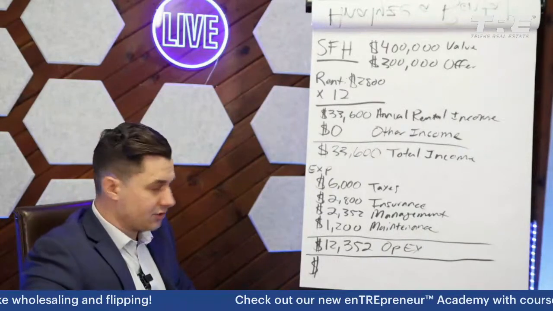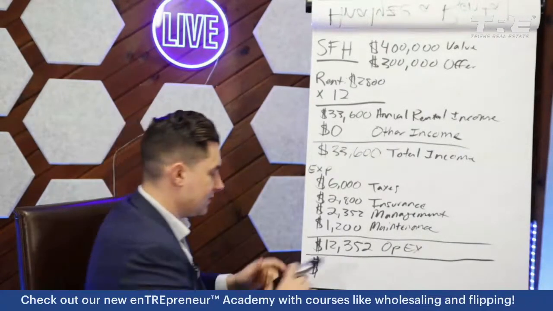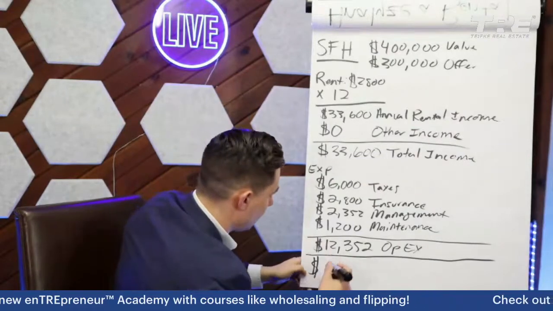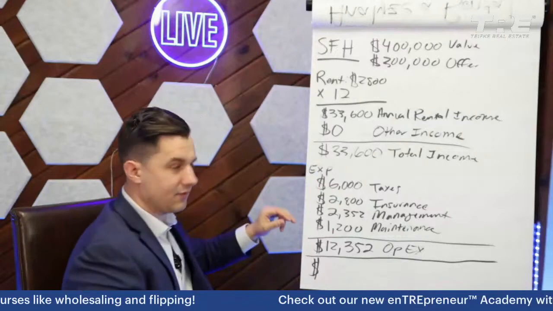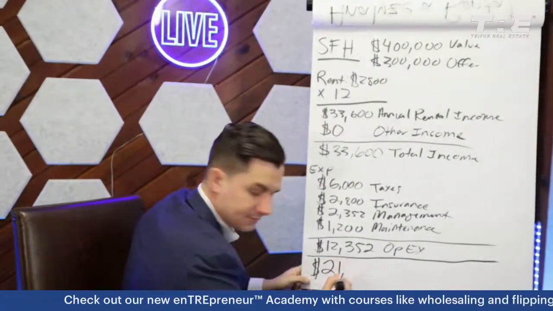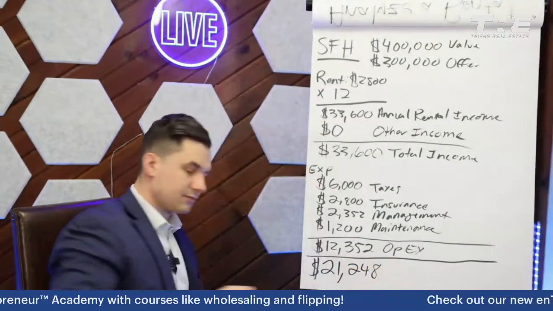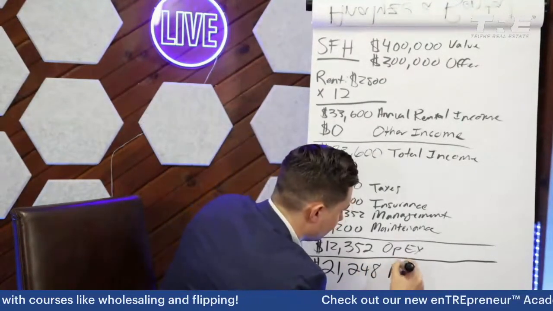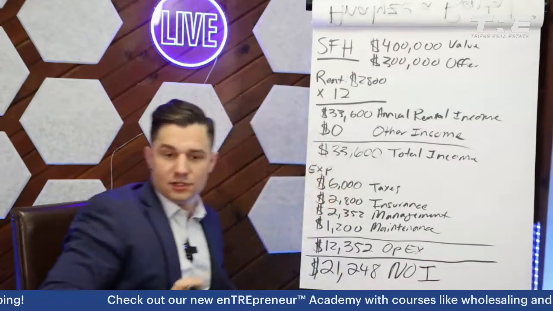But we're assuming it stays there. 12,352 gives us our NOI, net operating income. The difference between these two numbers is $21,248. NOI. What does NOI stand for? You taking notes?